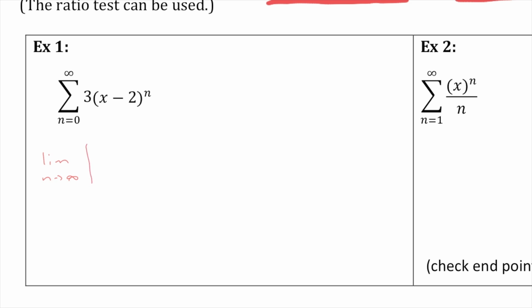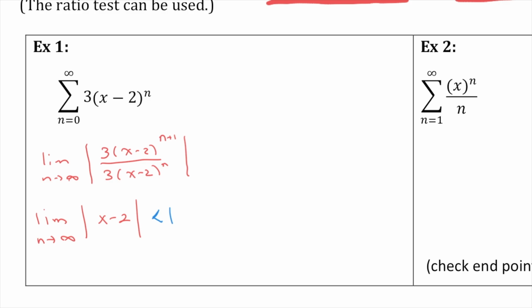We will have the absolute value, 3(x minus 2) raised to the n plus 1 divided by 3(x minus 2) raised to the nth power. When we simplify, we have the limit as n goes to infinity of the absolute value of x minus 2. Now, in order for our series to converge, the ratio test says this must be less than 1.